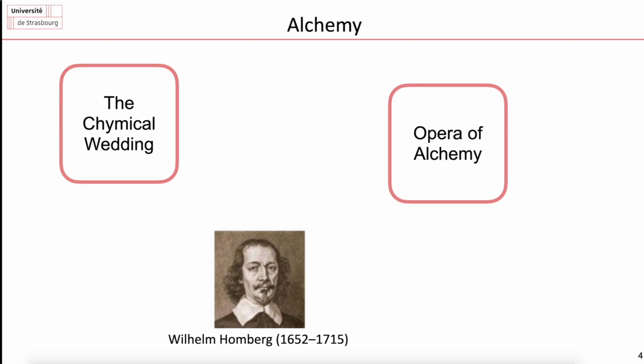In the so-called opera of alchemy, there were transformations of metals. Of course, you know that one of the goals in those times was how we can convert any metal to gold, which we now know is not really possible. But at those times, they were trying to achieve that as a major goal. But then there was Wilhelm Homburg. He was a German scholar.